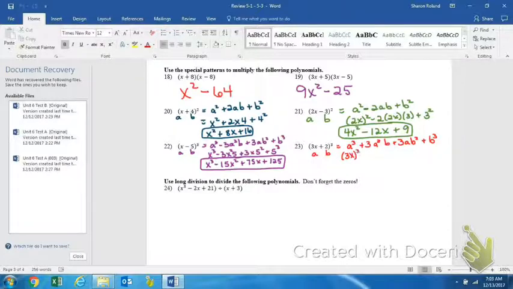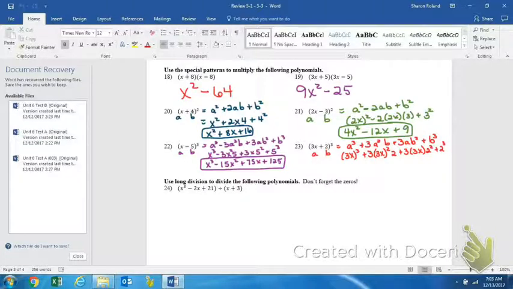So that's 3x to the third, plus 3, 3x squared. And what was b? 2. Plus 3 times 3x times 2 squared plus 2 to the third.